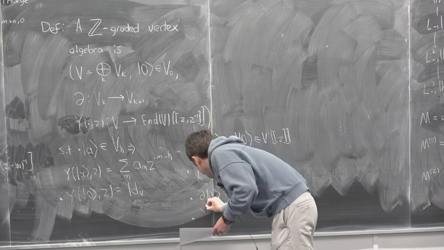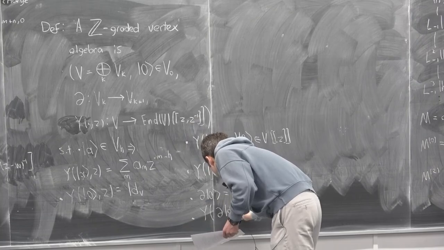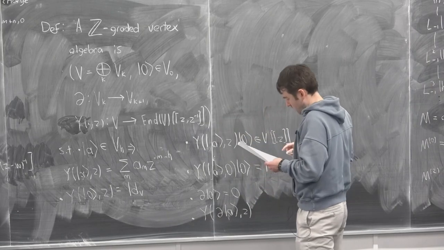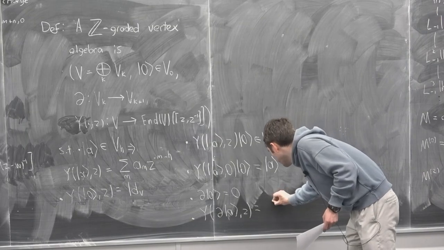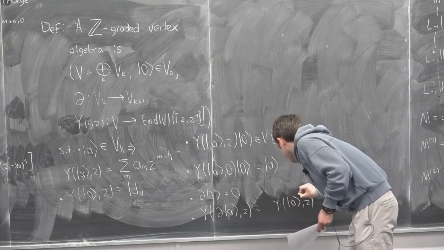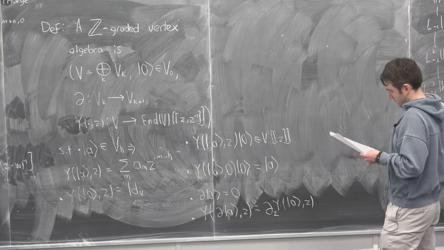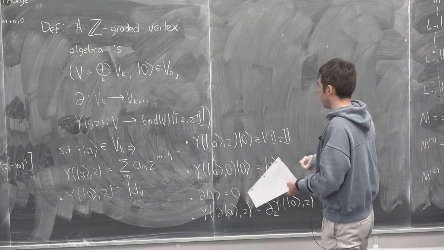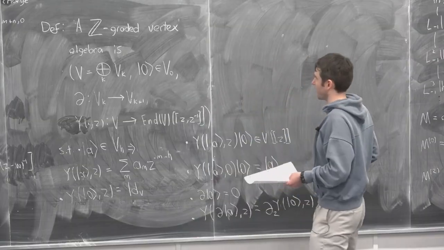And finally, Y acting on a state which is itself acted upon by the translation operator is going to be the operator you get with just the state acted on by the formal derivative. So that's what we would hope to be satisfied if we're going to use the derivative notation for this, vacuum notation for that, and so on.